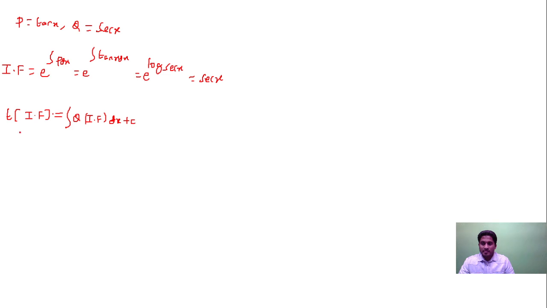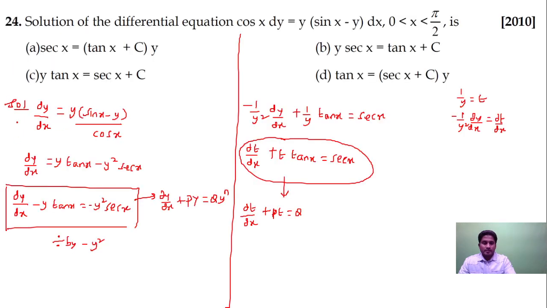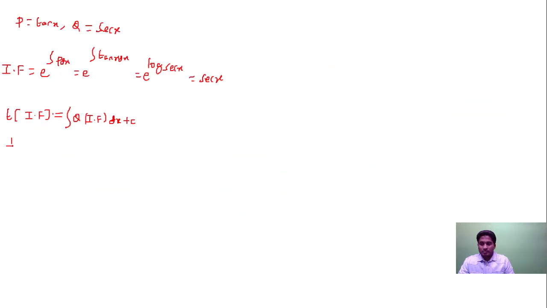The value of t is equal to 1 upon y. So this is 1 upon y into sec x is equal to integral q into integrating factor. Q will be equal to sec x, integrating factor will be equal to sec x, and then dx plus c. You get 1 by y into sec x, integration of sec square x will be equal to tan x, and then plus c, right?